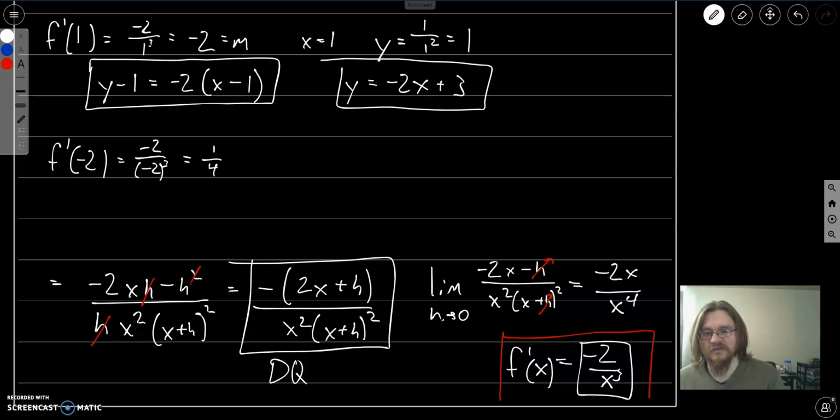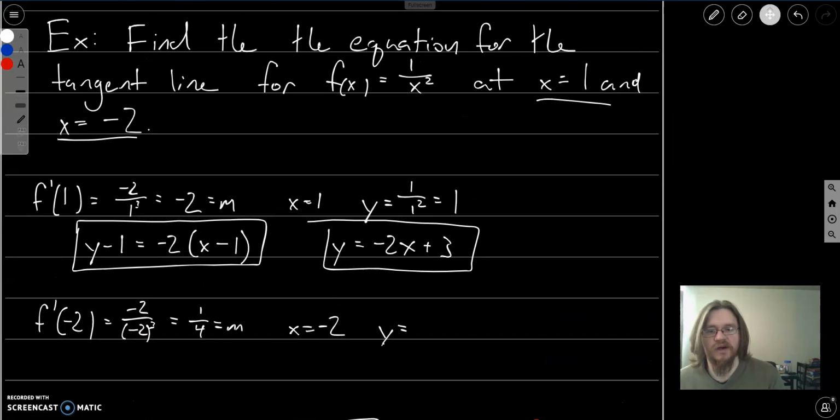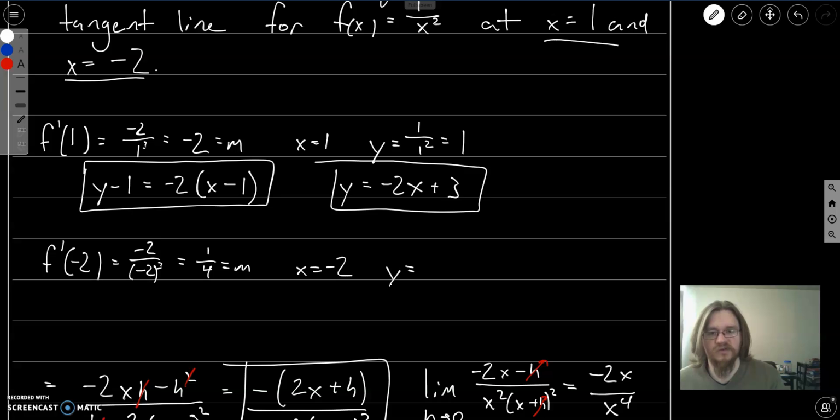So our line is going to be going up because the slope is positive. x should be equal to -2. So what is y? Well, y up here is going to be 1 over x squared, so 1 over -2 squared. This is also 1/4. Nice.